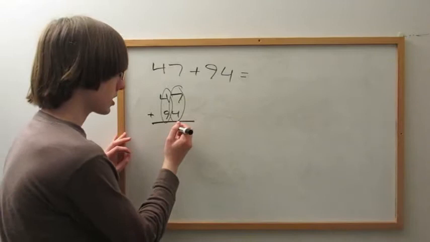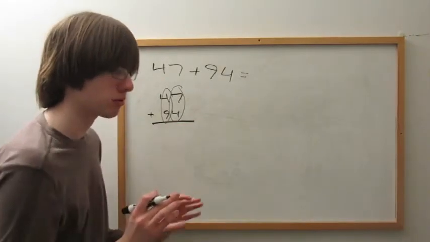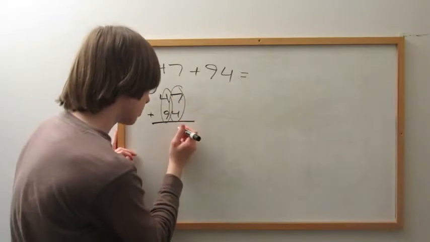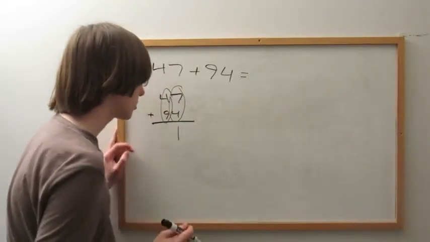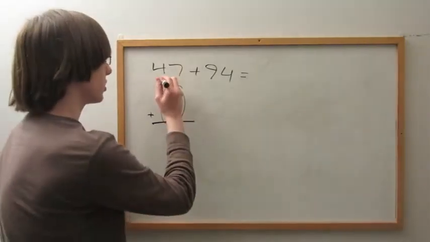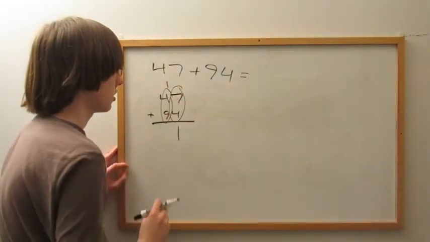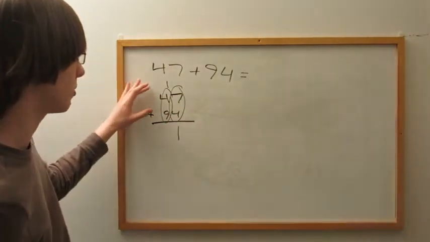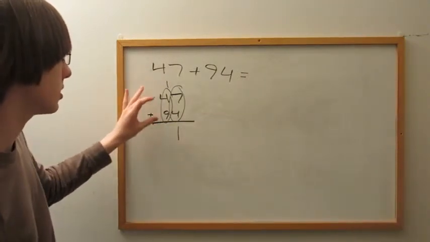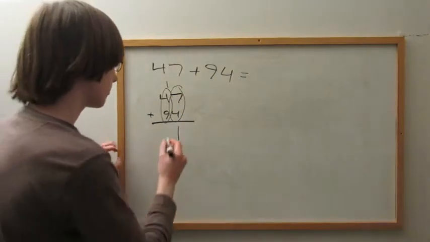Because we actually have 11, we know that that's one group and one individual. So because this place is just individual, we'll write the 1. So what do we do with the 1 in the group? Well, you move the group over here, so you have 1. So now you're actually adding 1 plus 4 plus 9 in the big group. So that's going to be 14.